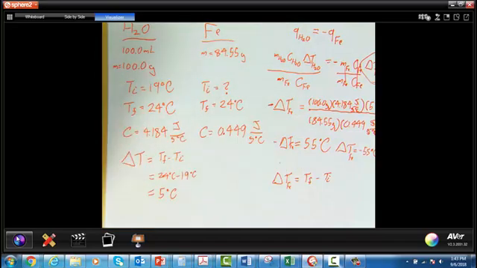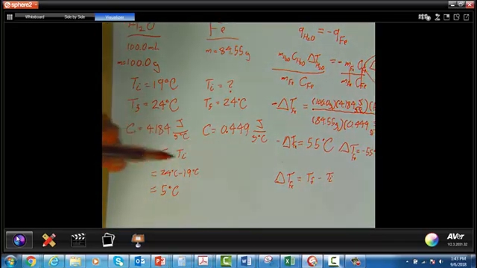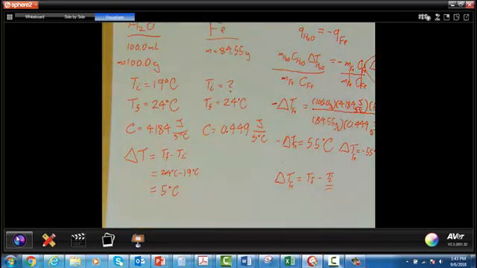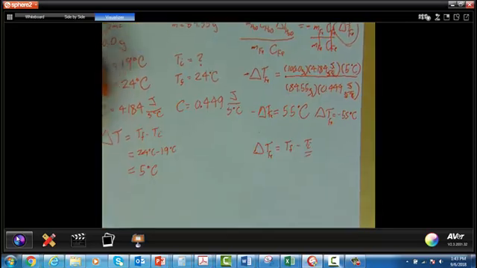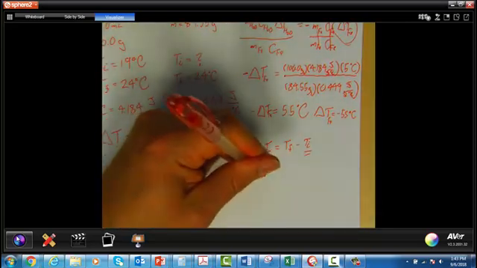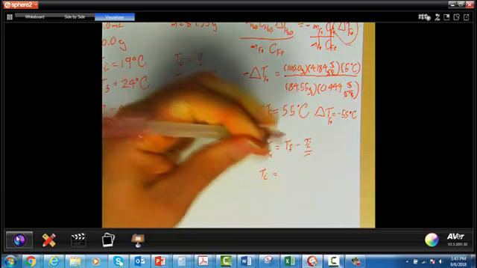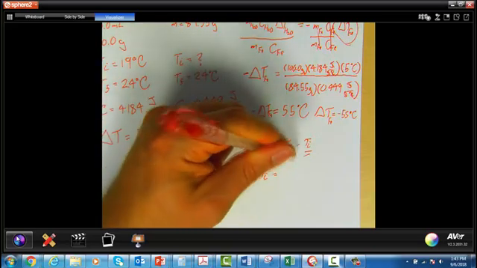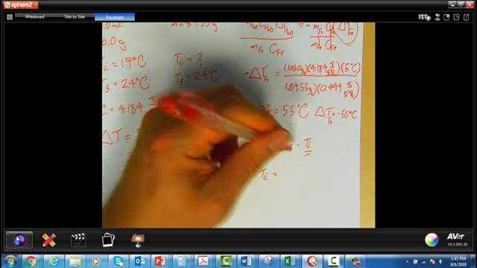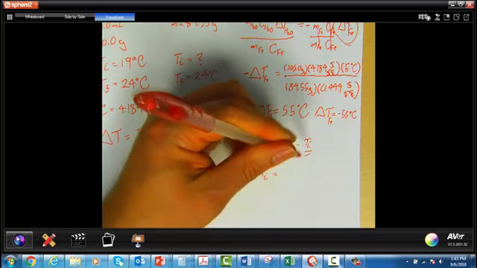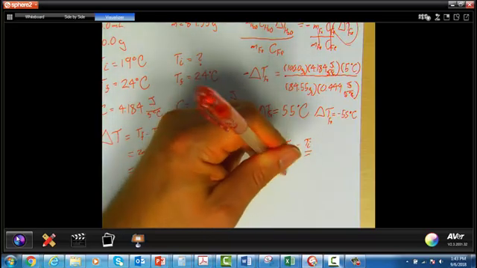So this is for the iron. What we want is the initial temperature of that iron. So what we're going to do is we'll do negative T initial, so we're just adding that to both sides, or subtracting that, I should say.